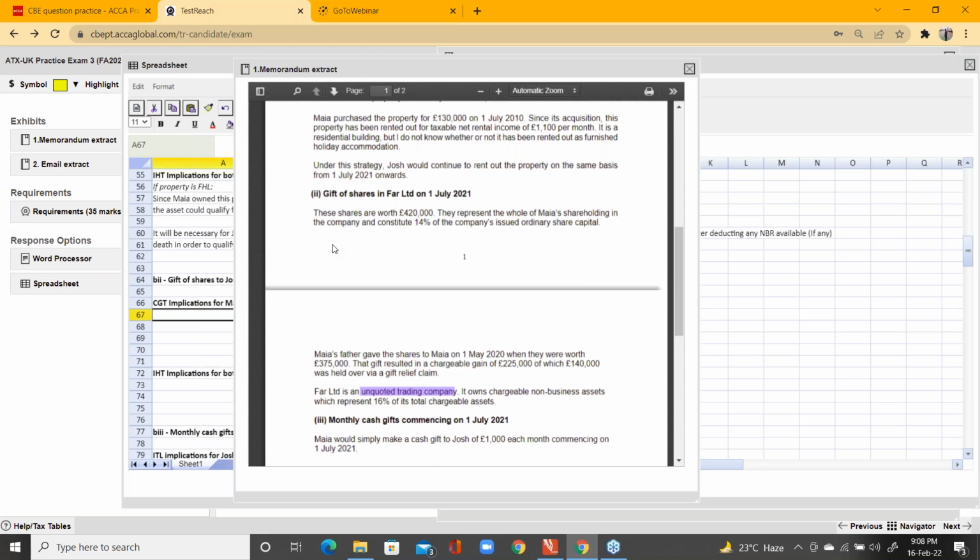These are business assets, but the ownership period, the holding period condition, is not met. So the transfer of the shares in Far Limited, even though they are unquoted trading company shares and business assets, business asset disposal relief would not be available because of not meeting the holding criteria, that is a minimum of 2 years prior to disposal.